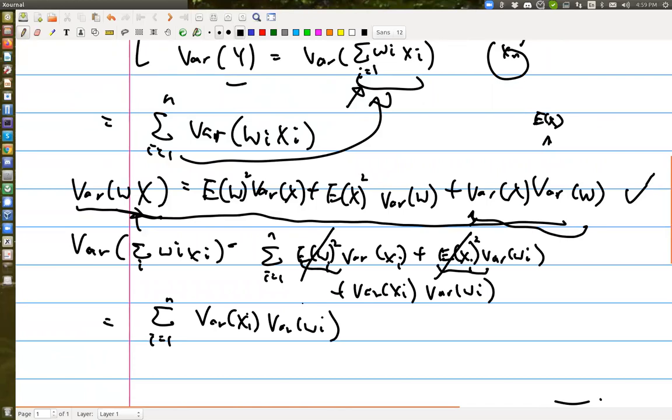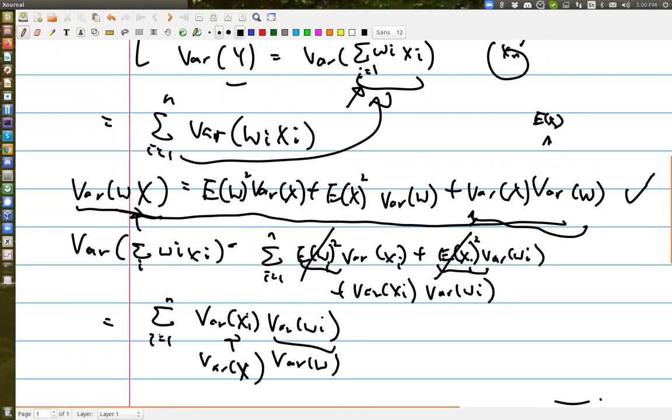If for all the weights I assign the same variance, then I can replace this by variance of w. Similarly, if my input, for no particular reason, has the same variance, I will have variance of x here.